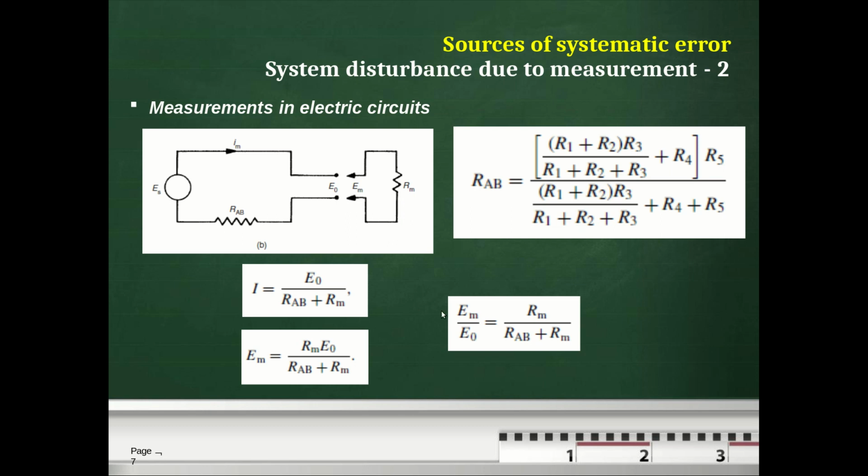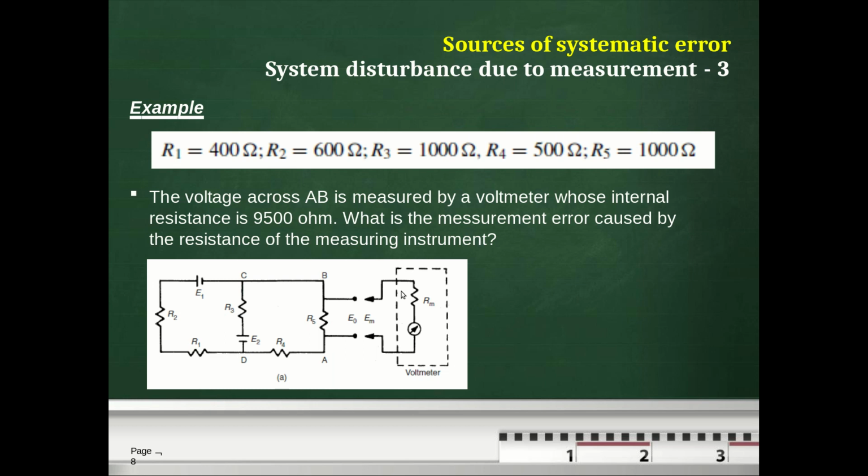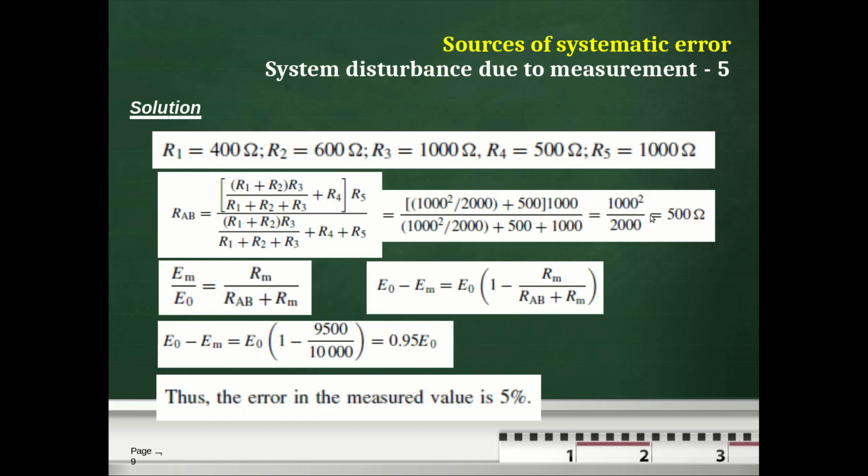So EM over E0, EM is the voltage over RM, which is RM multiplied by E0 over the summation of the other two. EM over E0 is this value, you just remove E0. So here, if I have a value for this resistance, I can get the equivalent resistance, okay? I can get this one, and I can find EM over E0.